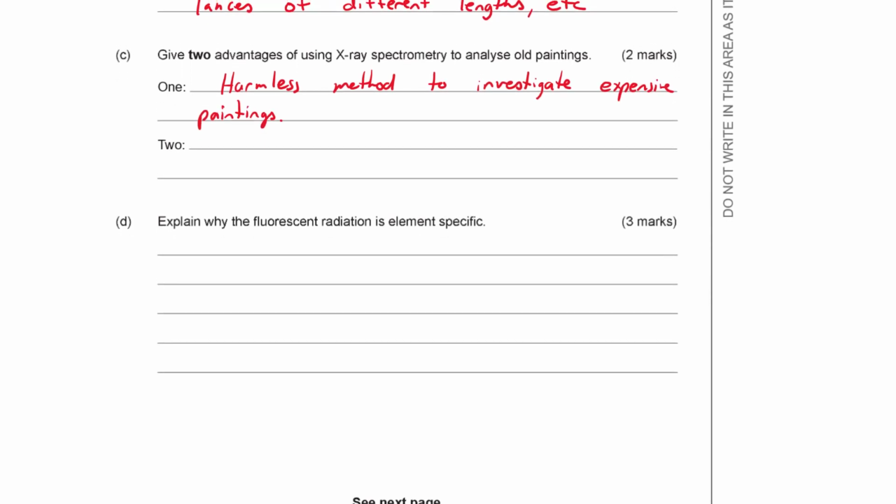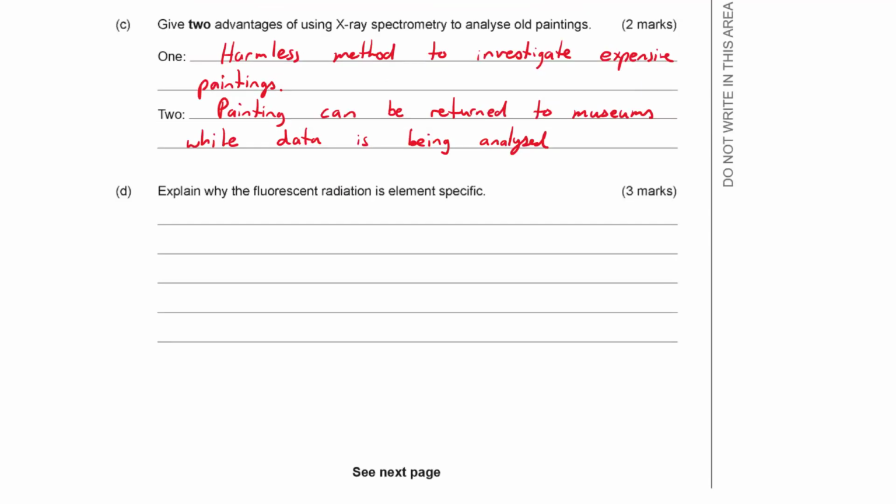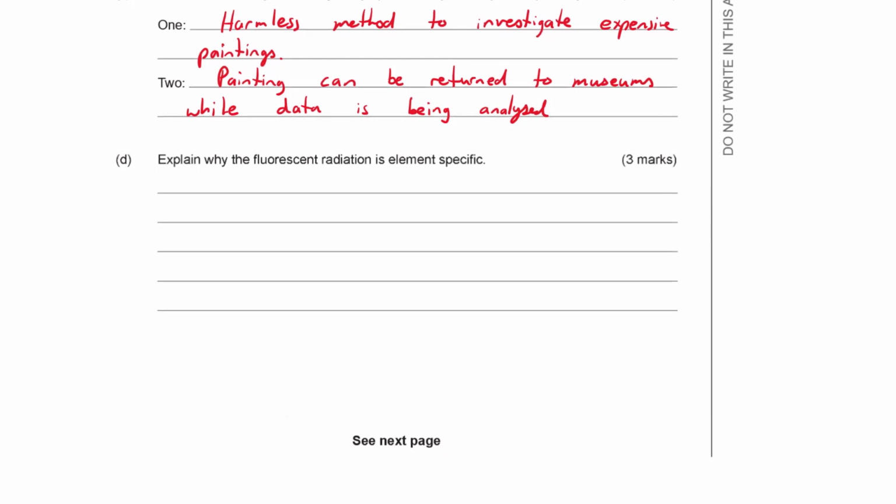You're just firing X-rays beneath the top layer. Okay, number 2 is essentially the painting can be returned to museums while the data is being analysed. The quote they have, I think, is restored securely where the public can still enjoy them. Something like that. Anything along those lines would be acceptable.